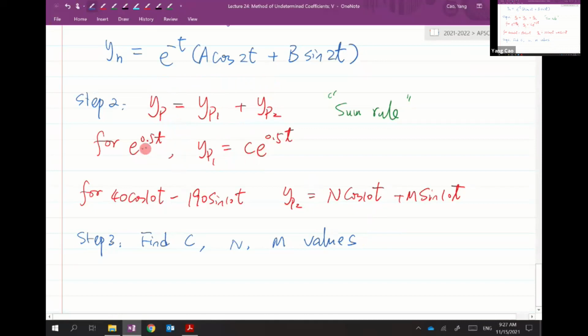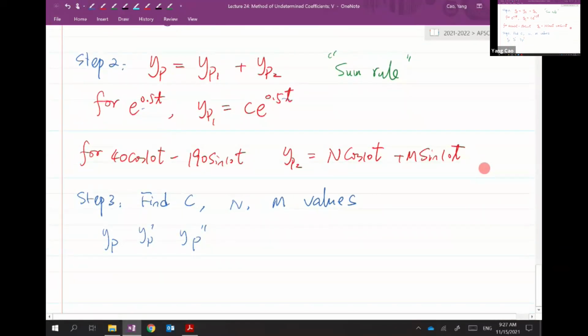So you put these two together, and then you take the derivative YP prime, YP double prime, and you substitute the three back into this second order differential equation and try to solve in one shot, which is doable. But oftentimes what I would suggest is you can separate the solving for C, N and M into two different steps. So first, try to solve for C only because C is associated with this exponential function.